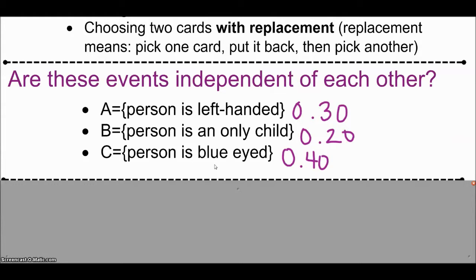And the answer to that is no. I would still be 40% likely to be a blue-eyed child, regardless of whether I am an only child or not. So since these probabilities are not affected by each other, meaning that being an only child does not affect my percentage of being blue-eyed, the answer is yes, these are independent events.